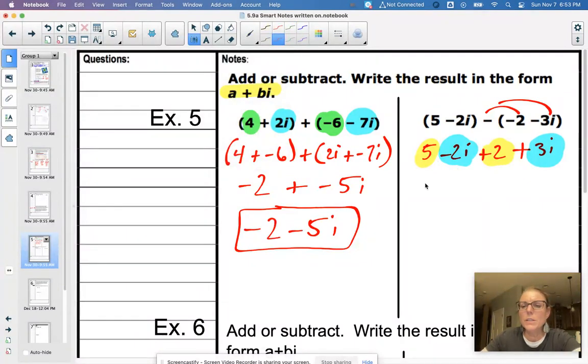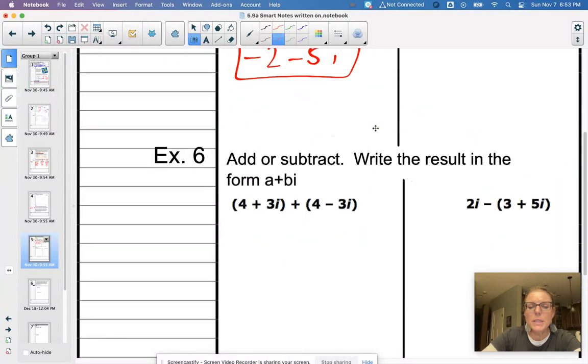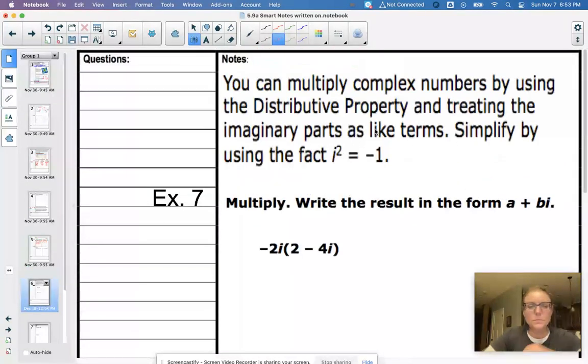So 5 plus 2 is 7, plus negative 2i plus 3i is i. So notice what I'm doing. I'm adding the numbers together that don't have an i, and then I'm adding the numbers together that have an i attached to them. It's like combining like terms. Example 6, we're going to do in class.